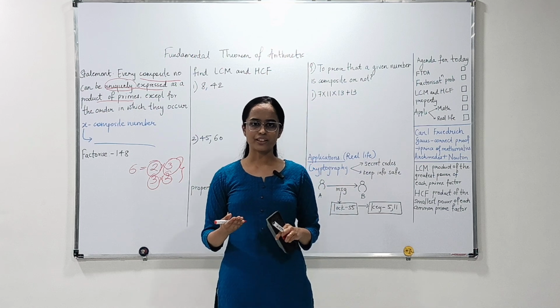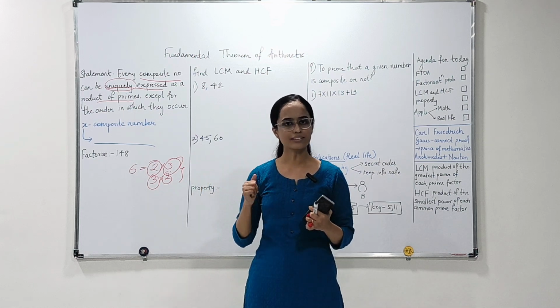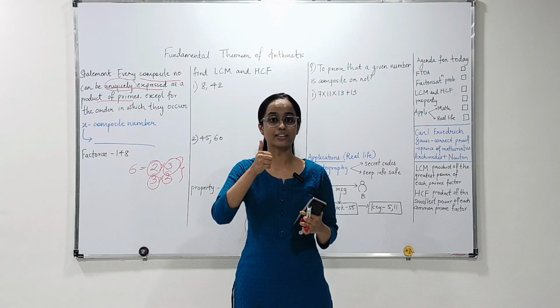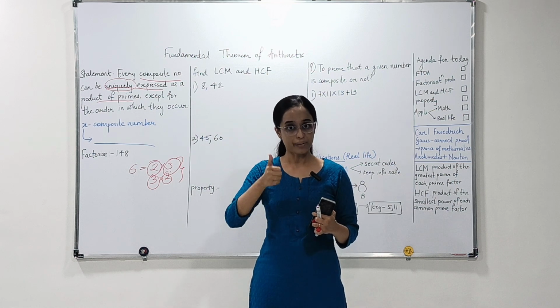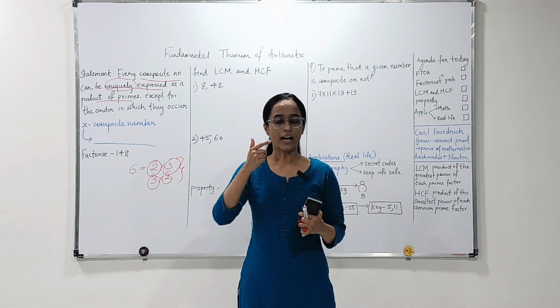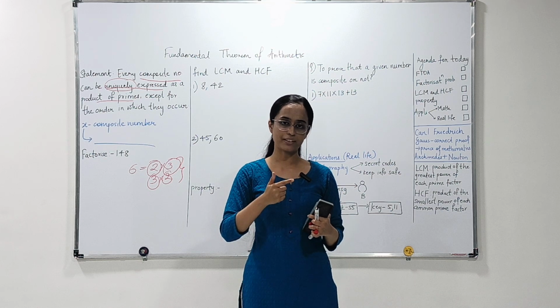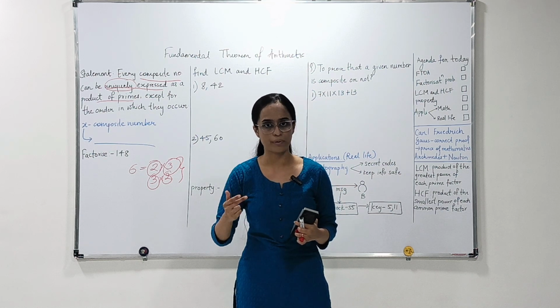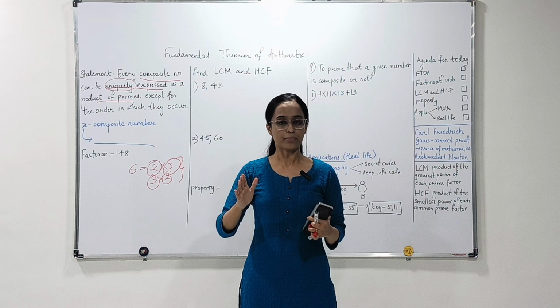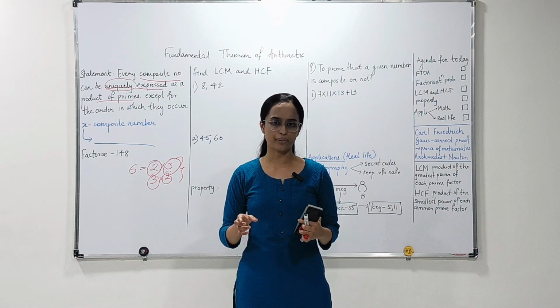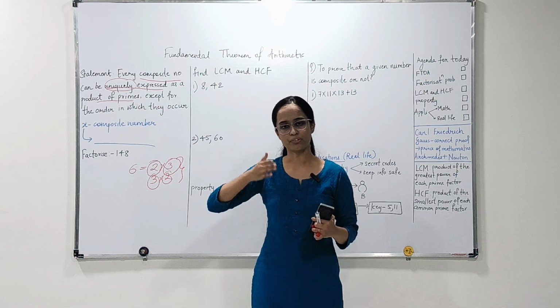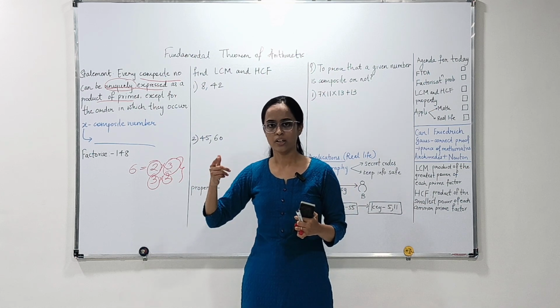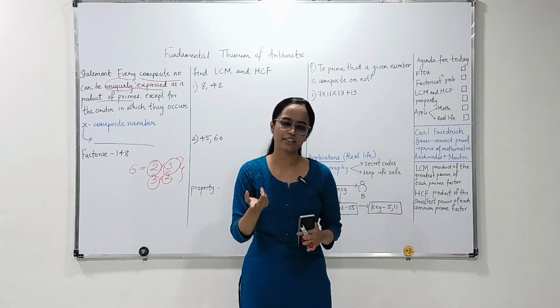To once again revise the statement, this theorem is about the representation of composite numbers. This representation is unique in nature, and it is represented in terms of a product of primes. And the second part of the statement, which is equally important, is that except for the order in which the primes occur, meaning 2 into 3 is the same as 3 into 2.